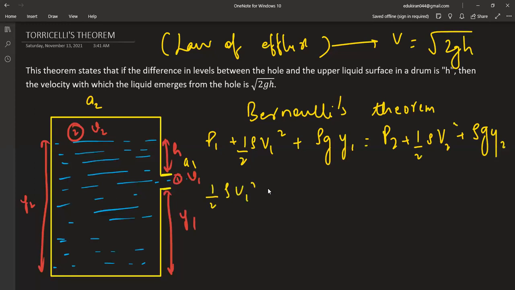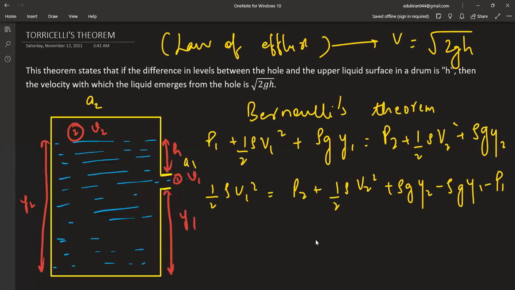Half rho V1 square is equal to P2 plus half rho V2 square plus rho g Y2 minus rho g Y1 minus P1. So A1 V1 is equal to A2 V2, where V2 is equal to 0.